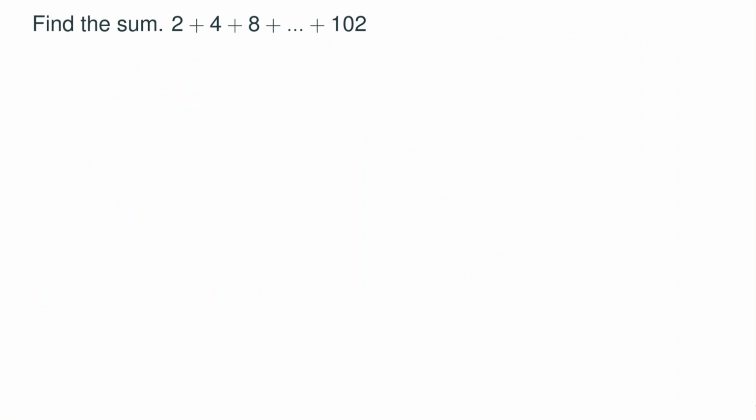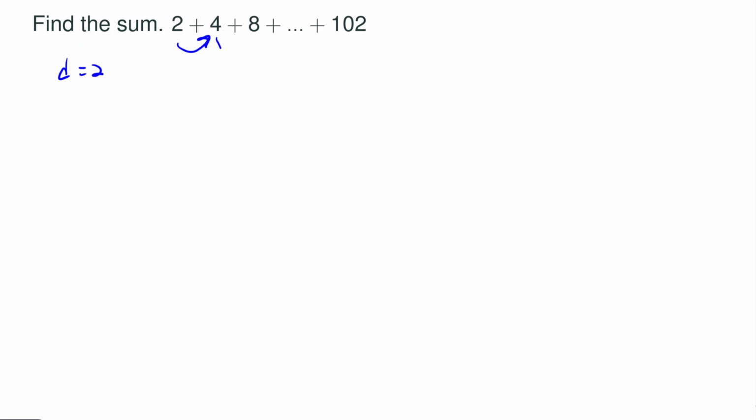Find the sum 2 plus 4 plus 6 plus dot dot dot plus 102. So here again, we're not just listing all the numbers and adding. We have to use the idea of sequence to find the sum. First we need to come up with the nth term formula. This one is an arithmetic sequence because we can find a common difference of 2.